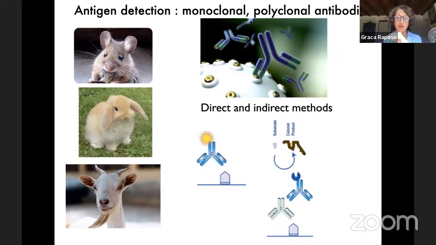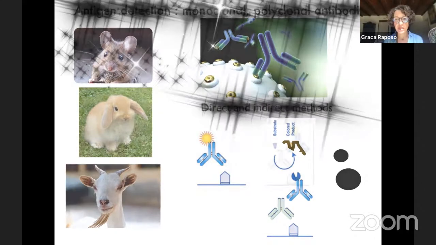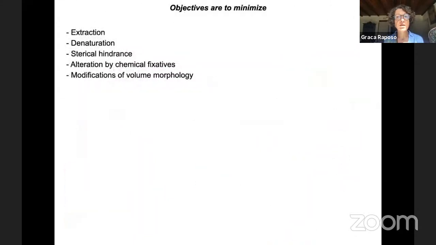The example here is horseradish peroxidase, but generally what we use are colloidal gold particles that we can have in different sizes to do single, double, or even triple labelings. And there are different objectives. Of course, we have to avoid extraction, denaturation, steric hindrance, and alteration by chemical fixatives.